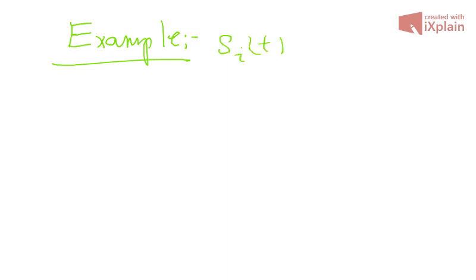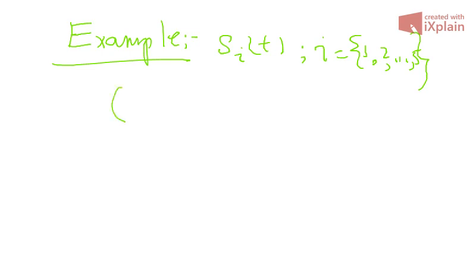So I would like to give you an example now. Example of a signal S_i(t) whose coordinates are given, where let me clearly specify that i is equal to 1, 2 and up to 5, and the coordinates are something like this.